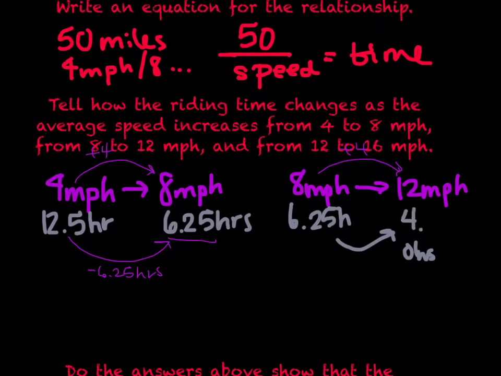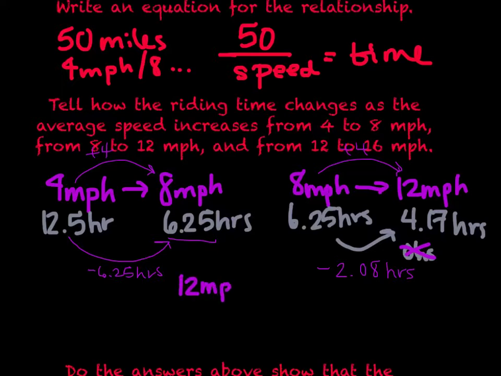So let's add that to our information here. We have actually 4.17 hours. So that's not the decrease that we were anticipating. Instead of this 0 hours prediction, it was incredibly off. And instead, we have a decrease of 2.08 hours. That is not at all what we anticipated. As well, let's look at 12 to 16 miles per hour because that's our last jump.